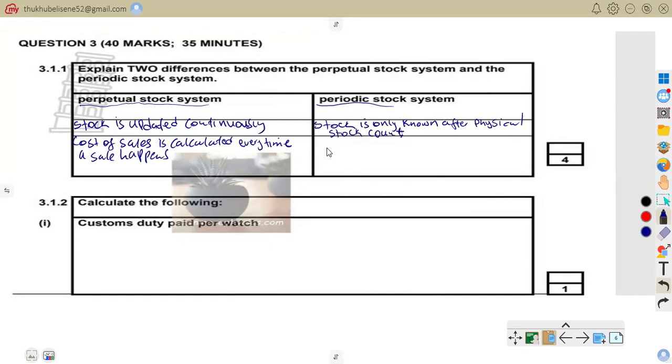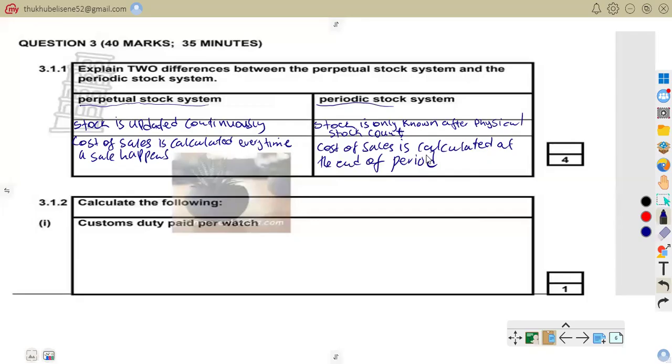Under periodic, cost of sales is calculated at the end of the period. It means it is only calculated at year end using a formula.